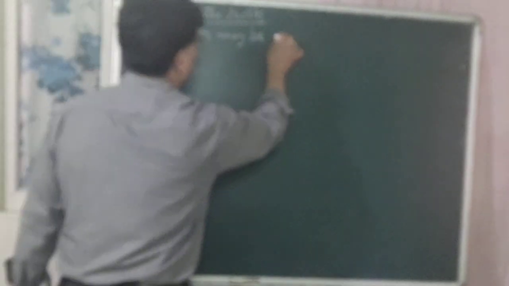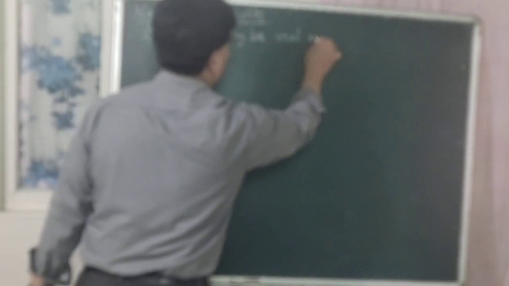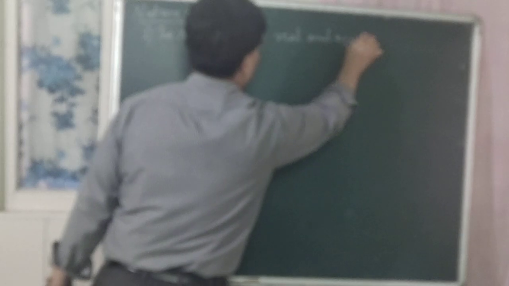So, nature of the roots. Number 1, the roots may be real and equal. In a quadratic equation, you will get 2 roots of x, because in a quadratic equation, the highest power of x is 2. That means we are getting 2 roots or 2 values of x.